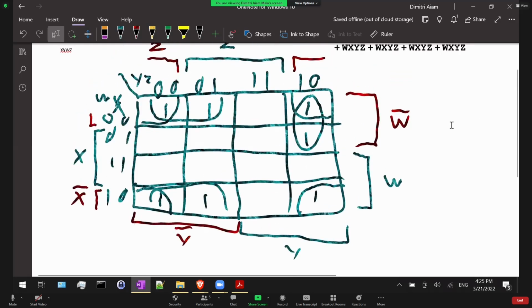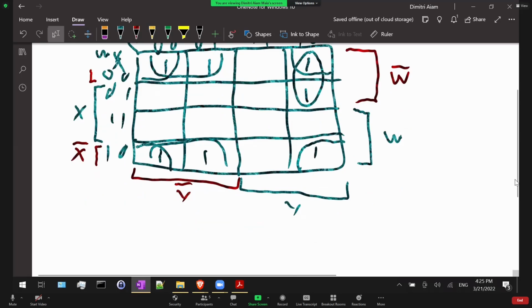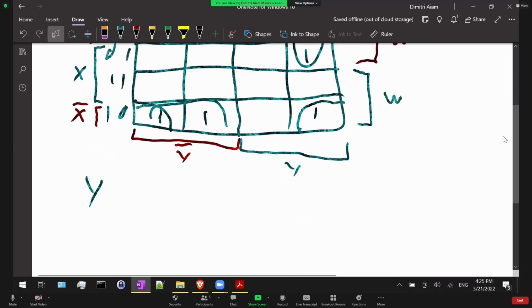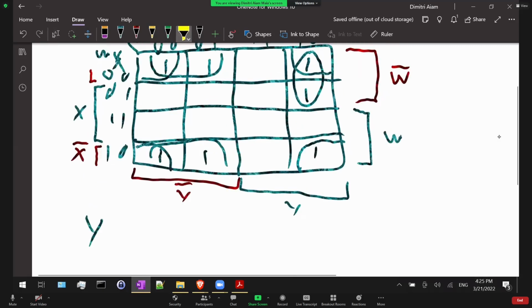So I could tell you that the coordinate for this group is Y. Mhm. But there's a problem. Y is this entire thing. So that's not very useful. So we need to be more specific. We need to eliminate this part. To eliminate this part, we need to include that it's also not W. Do you see that?